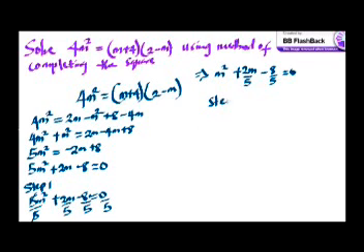Now step 2 says to equate the variable to the constant. That gives me m square plus 2m over 5 is equal to 8 over 5. So it's equated to the constant now. And we'll go with step 3, which is to find a number that will make the variable function a perfect square. That number will be the coefficient of m divided by 2, raised to the power 2.